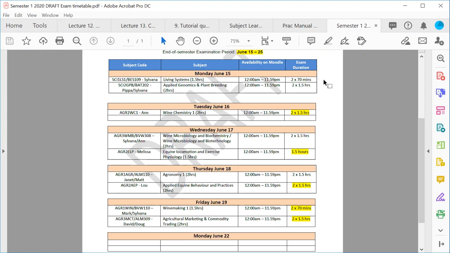You'll see in the instructions that if students are suspected of colluding, and sometimes it's really obvious when they are, they will be required to attend an oral defence. It is open book, but you must do the exam on your own.